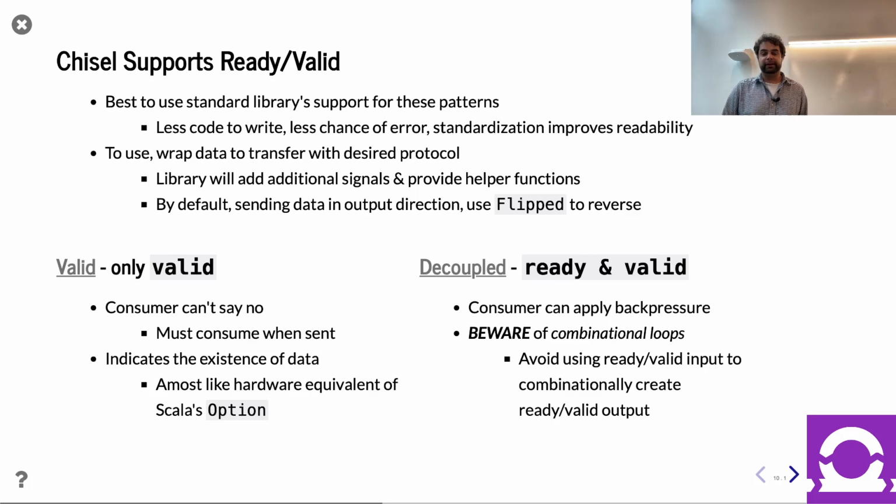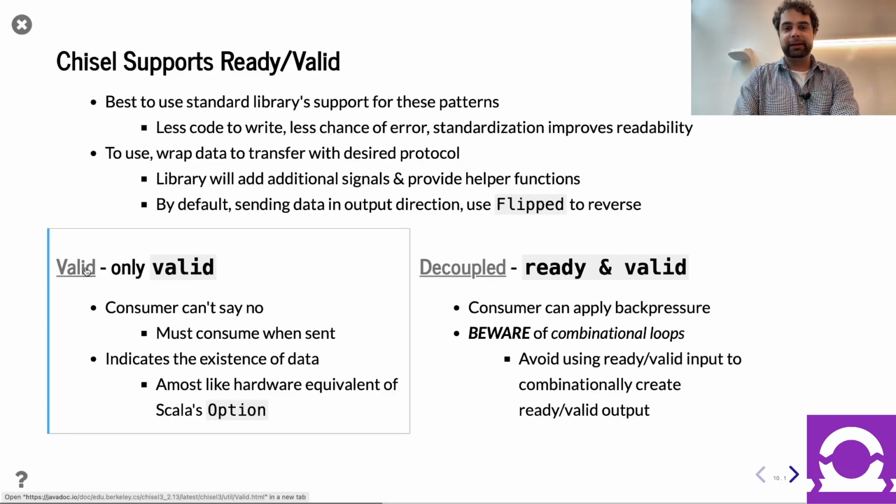Scala Option is a way to say, I have this object, it might actually be real data or it might be empty, it might be None. This is the hardware equivalent, where you're saying, I have real data on this wire this cycle, but maybe later it won't be real data, and I tell you that by showing you the valid bit. So these are two flavors. And of course, if you're curious, you can always click on the links to get to the API docs, which is going to load hopefully in a second.